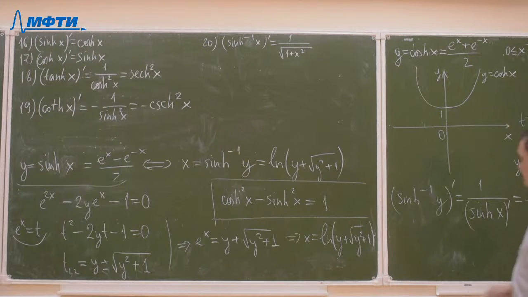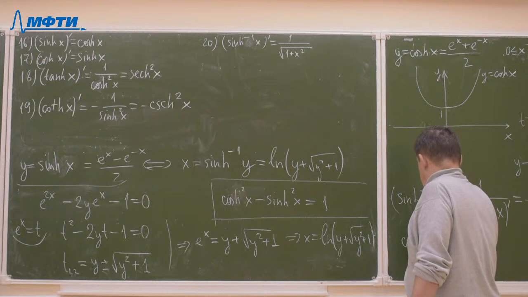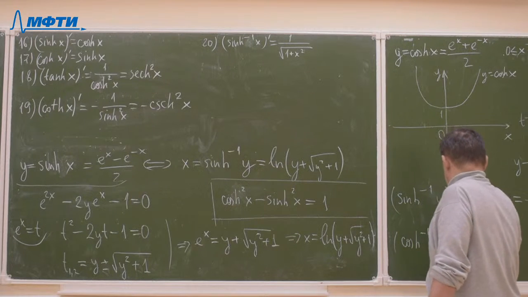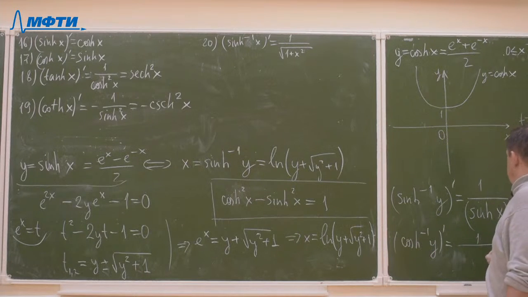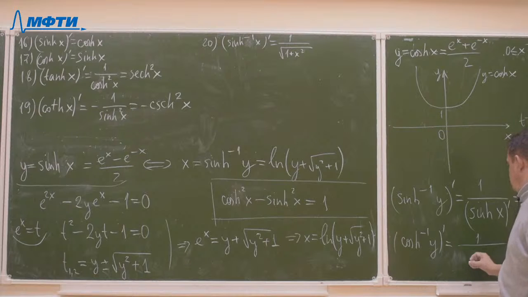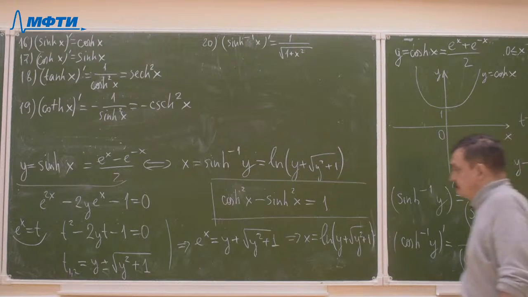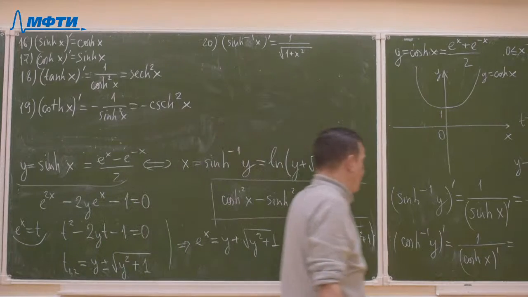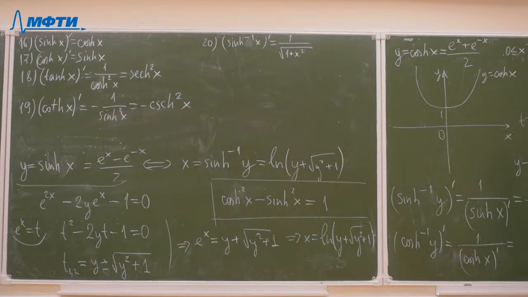For the cosine hyperbolic, it's quite analogous. So we proceed in a similar way. 1 over cosine hyperbolic x prime is 1 over sine hyperbolic x.